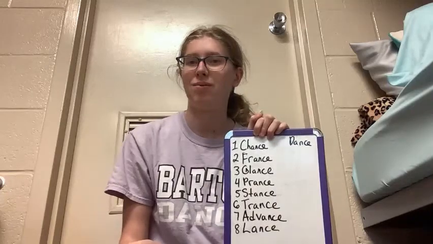Now number 8, he needs to take it down a step. So he's not sure what other words would rhyme with dance. So he's going to try the letter that starts with his name. Lance.